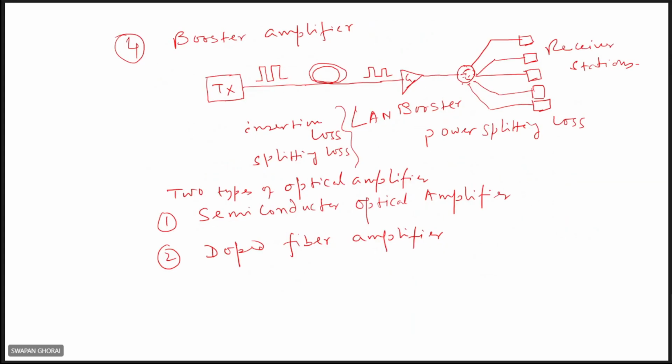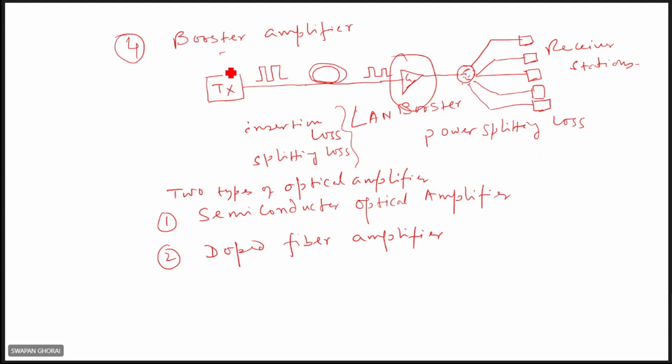Another application I told you is the booster amplifier. Whenever many stations are interconnected, splitting loss will be severe. That splitting loss can be compensated just before the splitter if you use these optical amplifiers. So that is a booster amplifier.